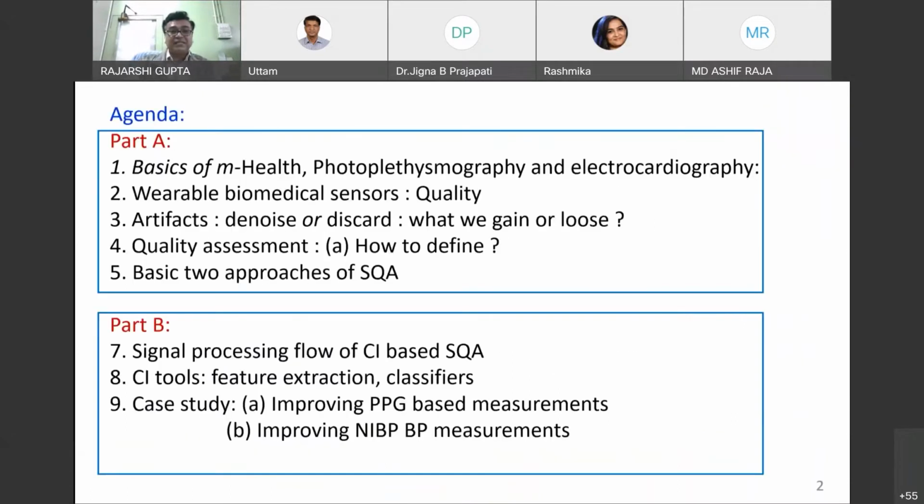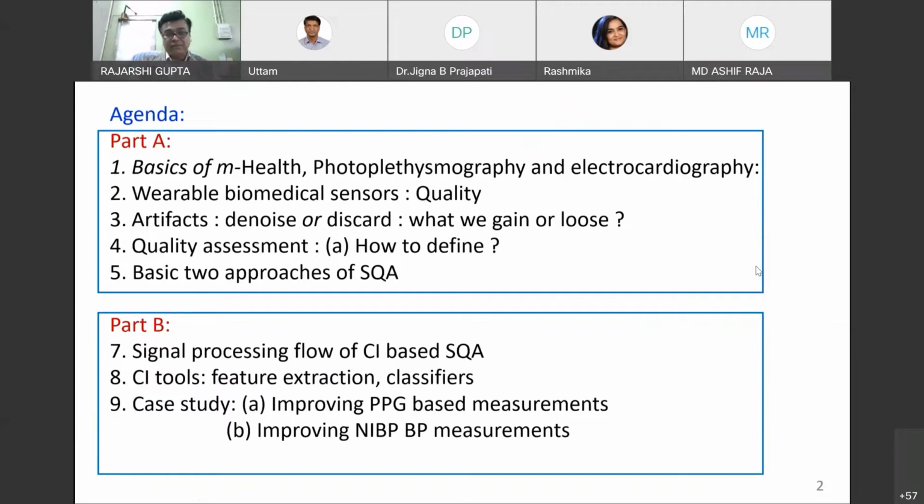With this, I have divided this talk into two parts: part A and part B. In part A, I will be talking about the basics of M-Health. M-Health is mobile health, and the basics of the two physiological signals that we consider mostly for wearable biomedical measurements.